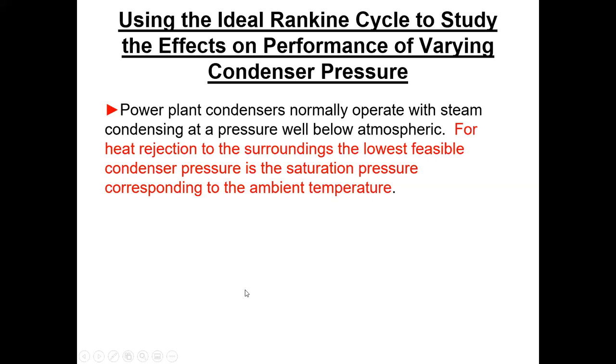Then if your condenser pressure is, I don't know, 1 PSI, we're someplace around 101.7 degrees Fahrenheit. So if you're trying to reject to a lake that's a maximum of 65 degrees Fahrenheit, then you've got a 35, 36, almost 37 degree delta T.